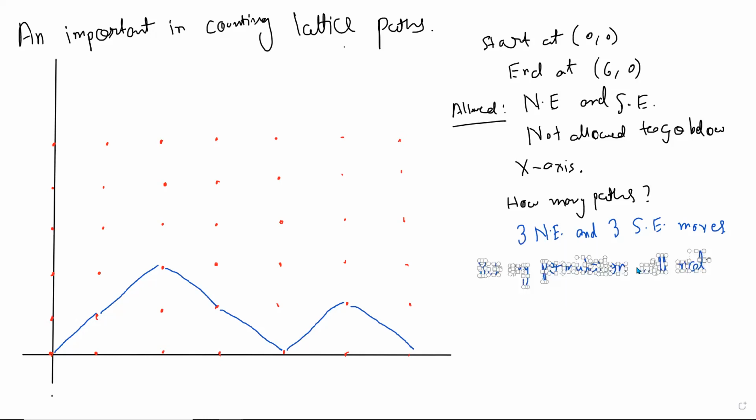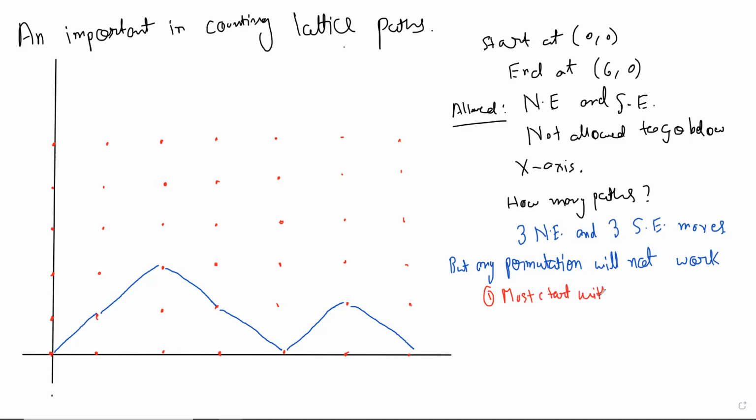What condition should the arrangement of 3 northeasts and 3 southeasts have? Right, so that's definitely one condition: it must start with, I'll start using this notation, a northeast.